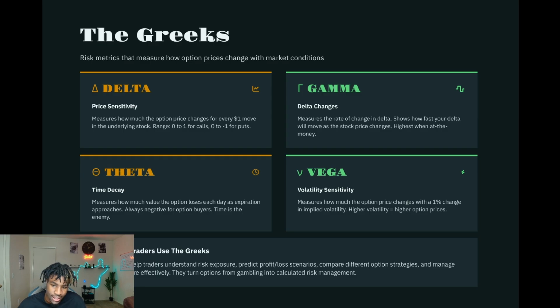Now, lastly, Vega, volatility sensitivity. It measures how much the option price changes with a 1% change in implied volatility. Higher volatility equals higher option prices. So basically, the more volume that is going into these option contracts, the more they're going to be worth.